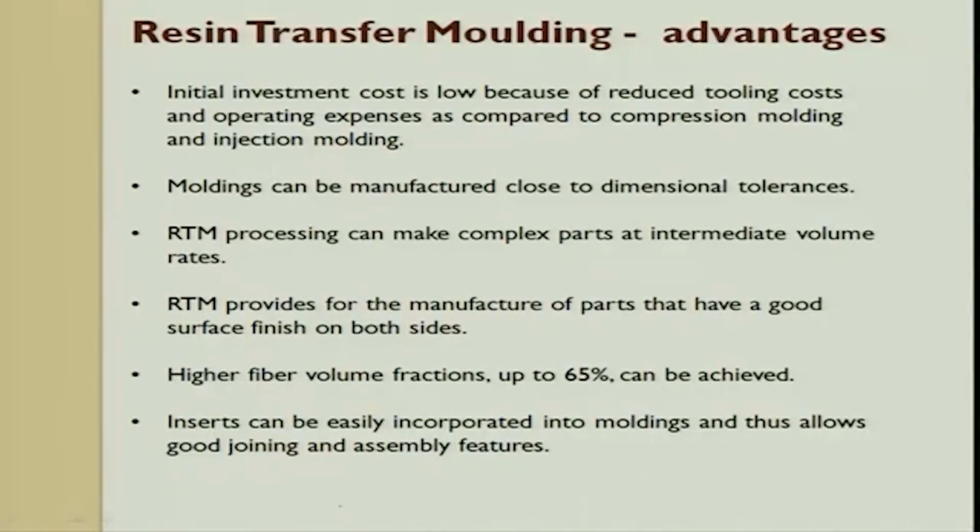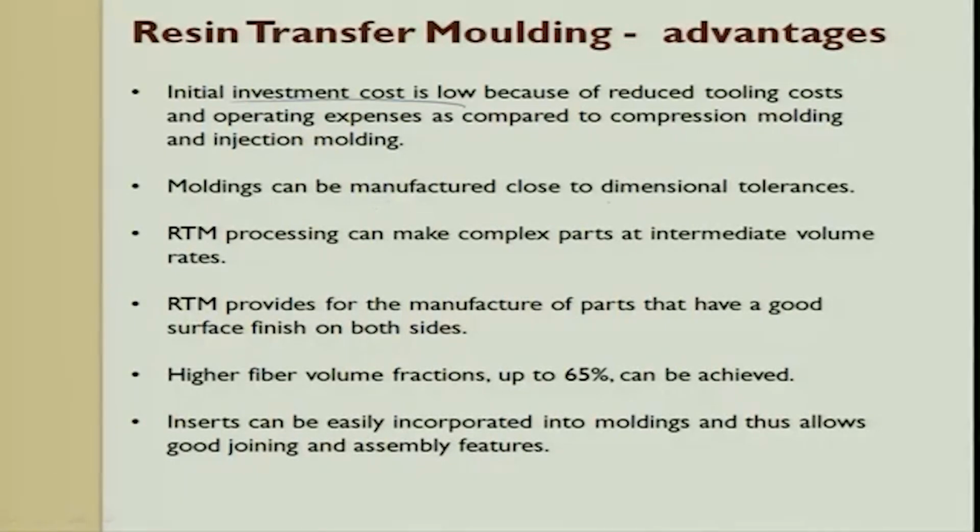So, what are the big advantages? The initial cost is low, because the tooling is only one side and the other side is only a very small thing, and you can make the mold out of wood because you are using it for large parts. Wood or plaster of Paris, whatever you want, you can mold. The moment you go for injection molding, you should always go for metals.